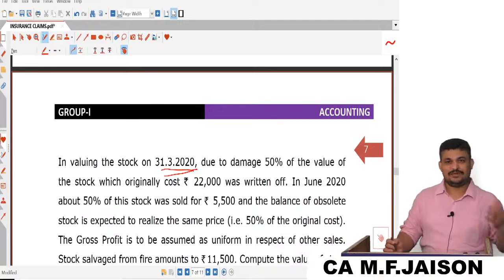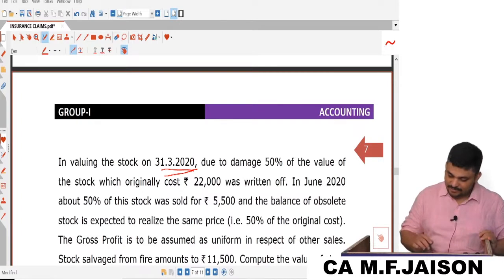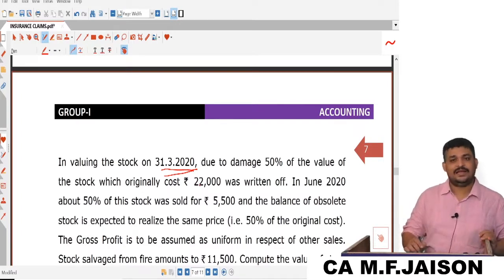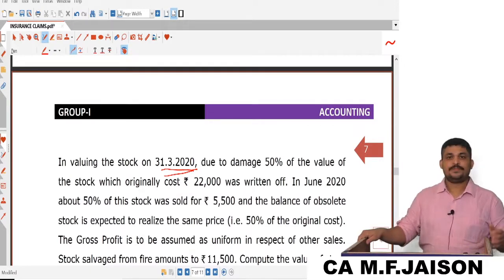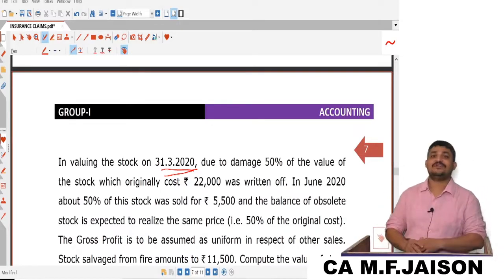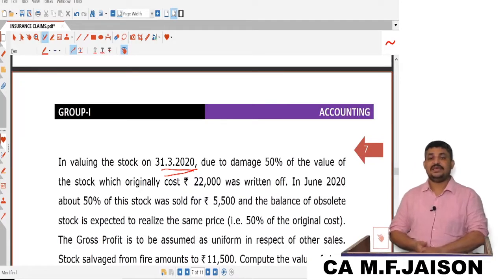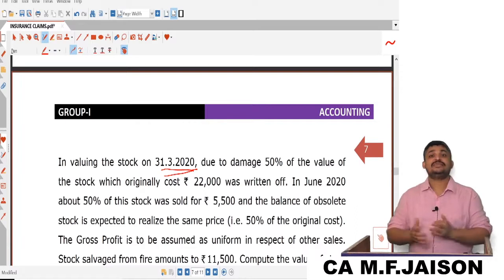A twisting statement given, no, simple statement. The original cost is 22,000. In that 50% was written off. Upon 22,000, 50% written off, balance how much? 11,000. What is write off amount? Write off amount of 11,000. Balance of 11,000. And the balance 11,000 represents different quantity or same quantity?